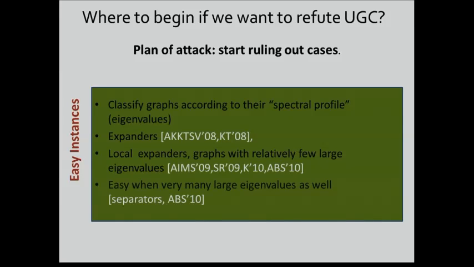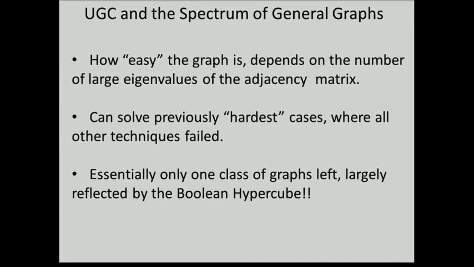So we have this picture where how easy the graph is for Unique Games depends on the number of large eigenvalues of the adjacency matrix, according to this technology. Graphs with very few large or bad eigenvalues are easy. Graphs with very many large eigenvalues are easy. Now, what remains? That's the question.